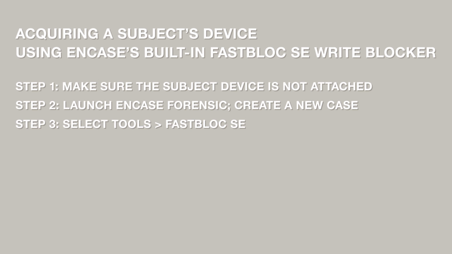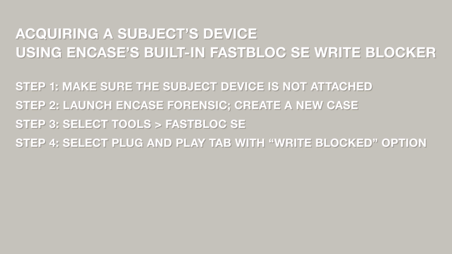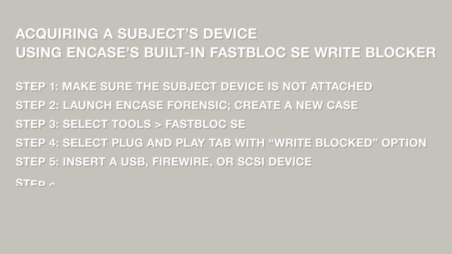And then select Tools, FastBlock SE. Select the Plug and Play tab with the Write Blocked option. Insert a USB or other devices for imaging. Click Close. With FastBlock SE turned on, you will have no risk of modifying the source evidence when you acquire the device image.